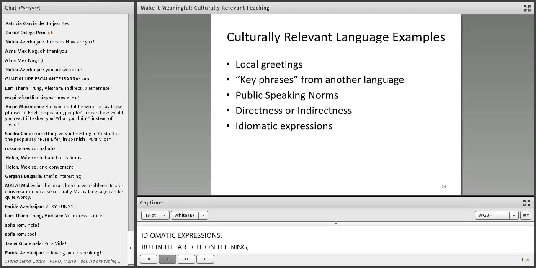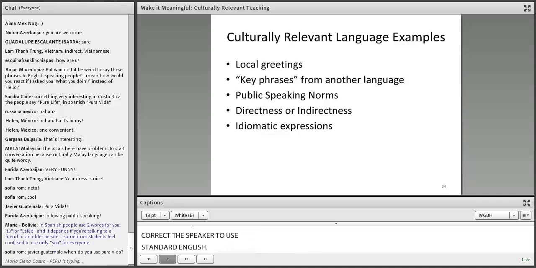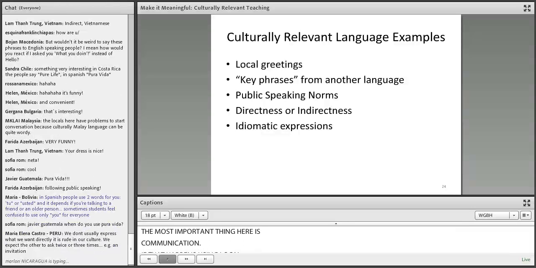In Dutch English, shopkeepers say, if you need help, just pull the bell. Whereas in Standard English, we might say, if you need help, just let me know. If all of your students speak Dutch English, you don't need to correct the speaker to use Standard English. The most important thing here is communication. And if that happens using local linguistic norms, that's fine.